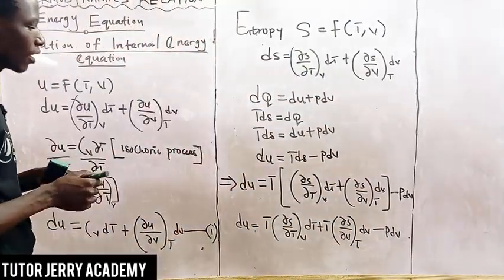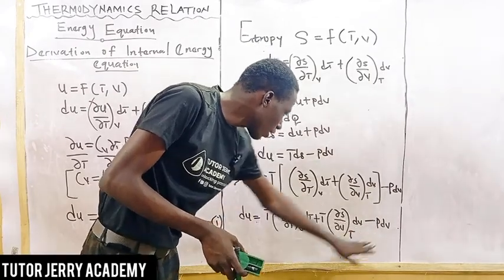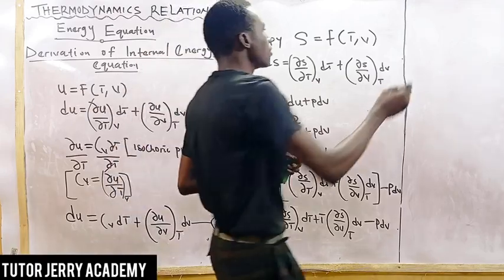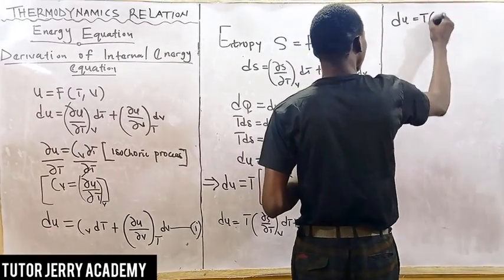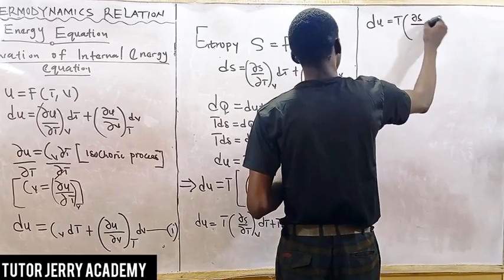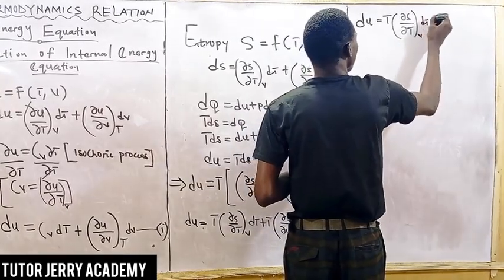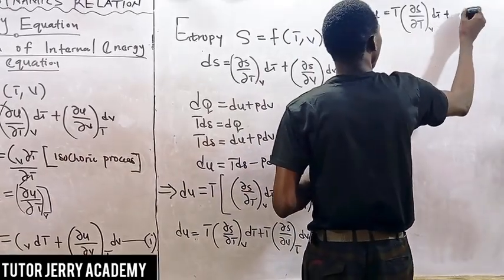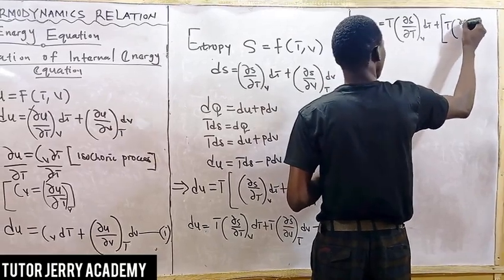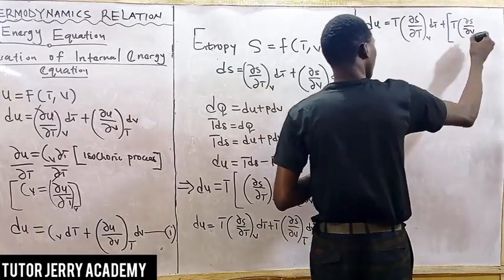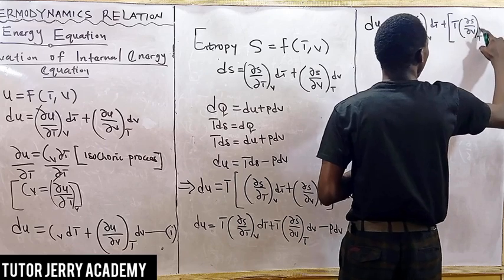Next, we factor out dV from here and here, because we have dV in both. So dU is equal to T into the partial derivative of S over the partial derivative of T, keeping V constant, dT, plus the bracket of T into the partial derivative of S over the partial derivative of V, keeping T constant, minus P, dV.